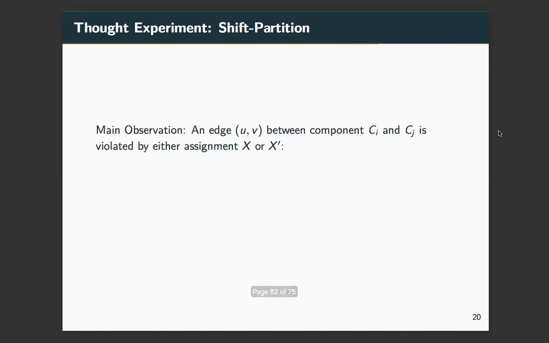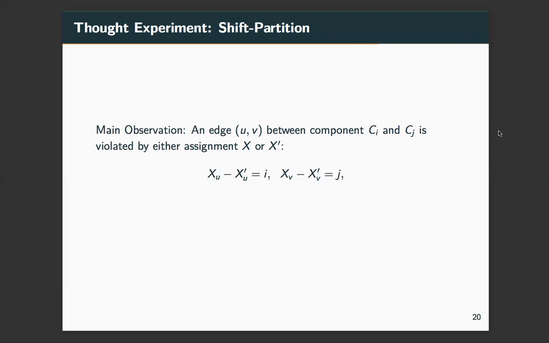Our main observation is that any edge between the component Ci and Cj, for i not equal to j, is violated by at least one of the assignments X or X prime. So to see this, first notice that if U belongs to component Ci, we have that xu minus xu prime is i. And if V belongs to j, then xv minus xv prime is j.